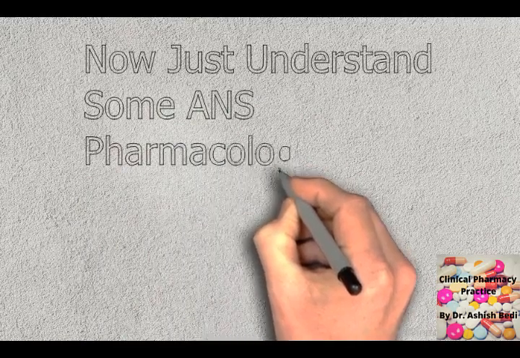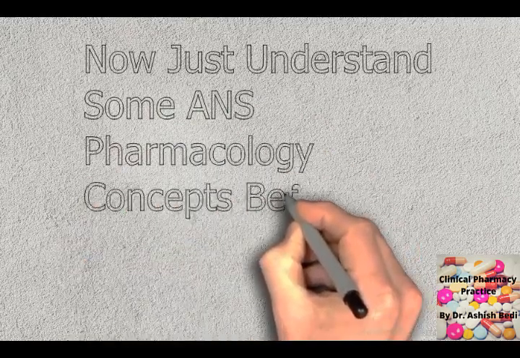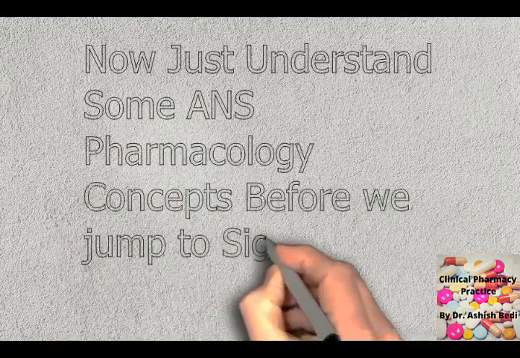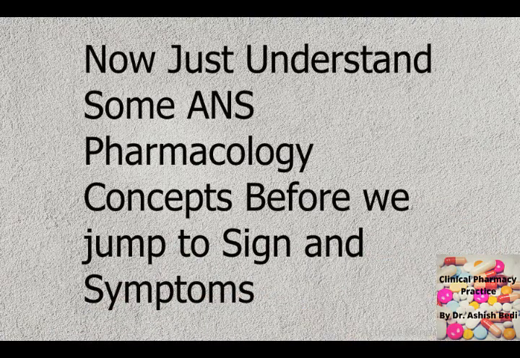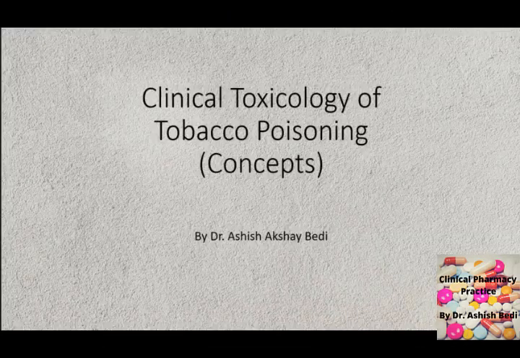Now we have to understand the ANS pharmacological concepts before we jump to the signs and symptoms. We will now understand the dual action of nicotine via some examples of ANS pharmacology.